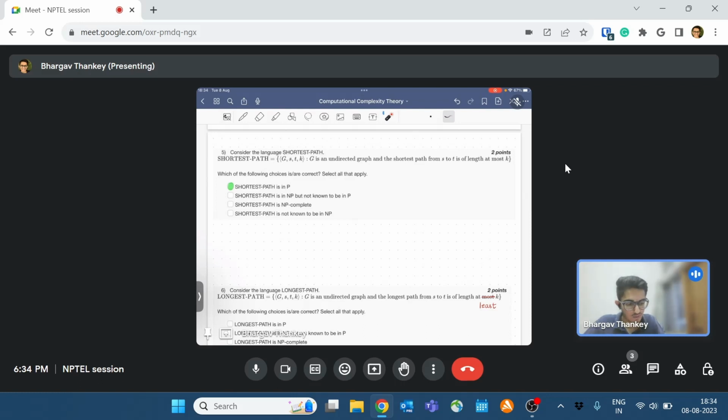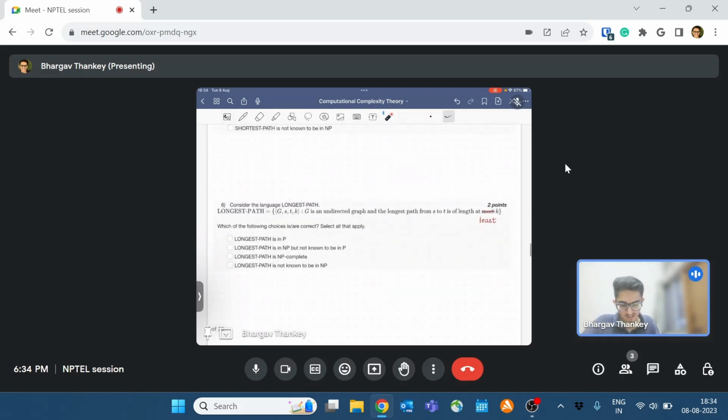If this were at least, check if the length is at least k and say yes. So the main part over here is not whether the length is at least k or at most k, it's just finding the shortest path. So in this question, it doesn't matter. But in the next one, it will.